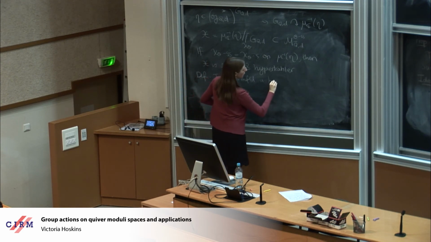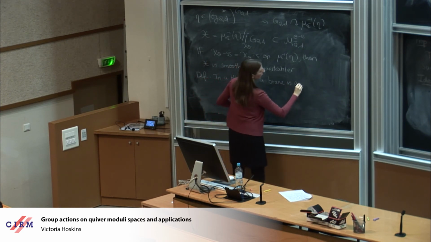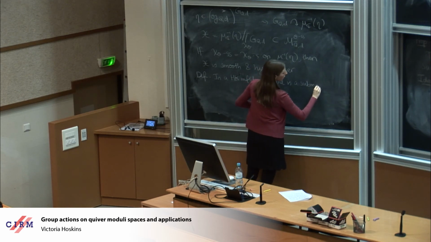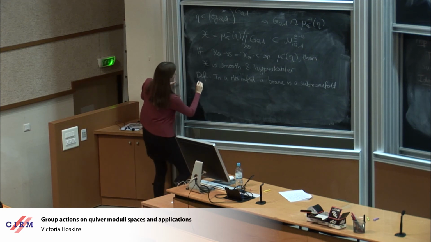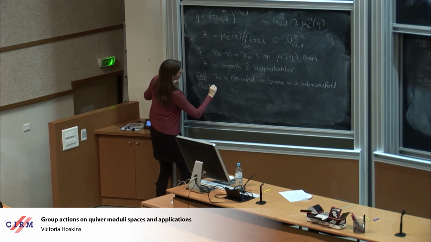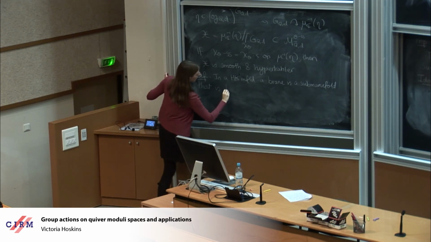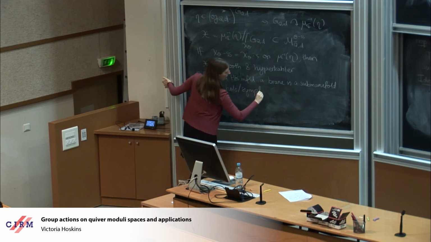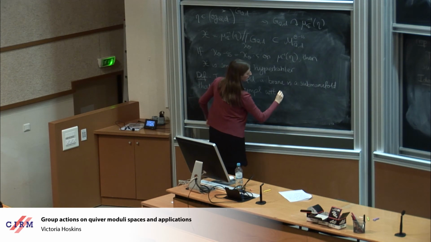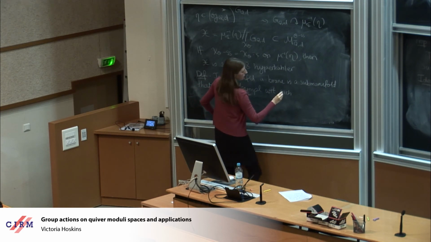A brane is a submanifold that is either holomorphic or symplectic with respect to each of the three Kahler structures.